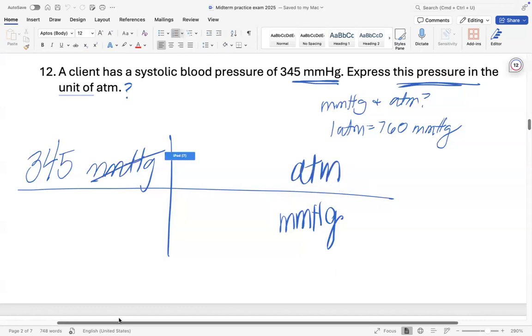So now the millimeters cancel and my desired unit is on top. So 1 atmosphere equals 760 millimeters mercury. So then it's just a matter of plugging this into my calculator, doing 345 divided by 760, and my final answer is 0.45 atmospheres.